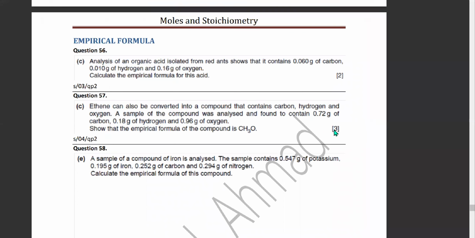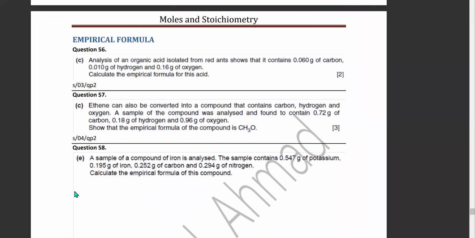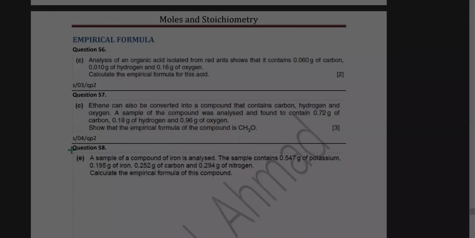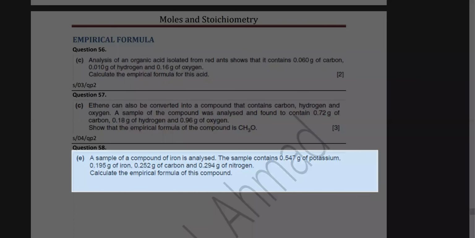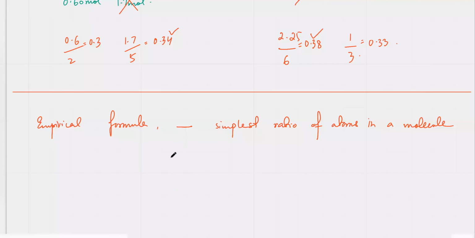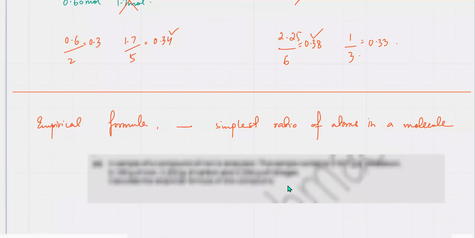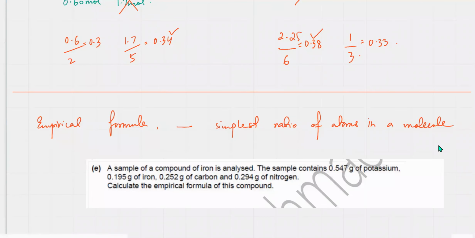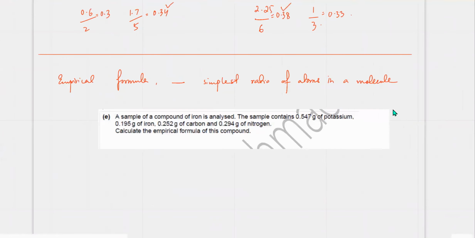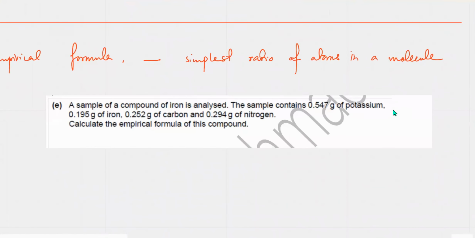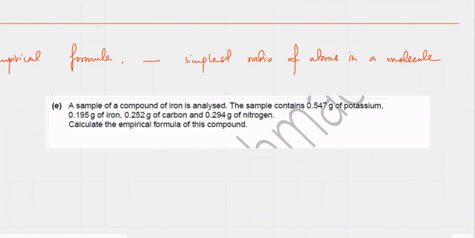Now in empirical formula, you'll be given the mass of substances. You'll be given the mass or the percentage mass of the elements in a compound. For example, in this one, there's a compound that's got potassium in it.